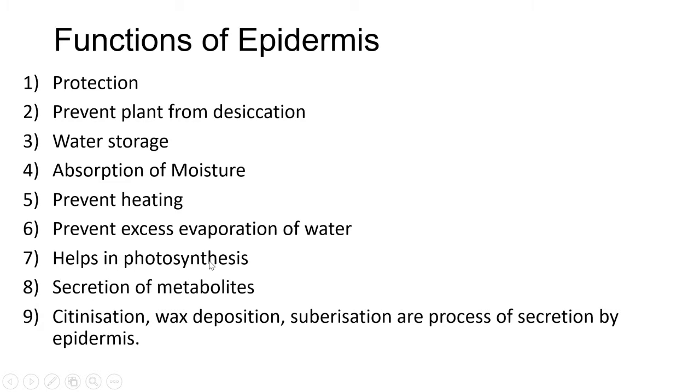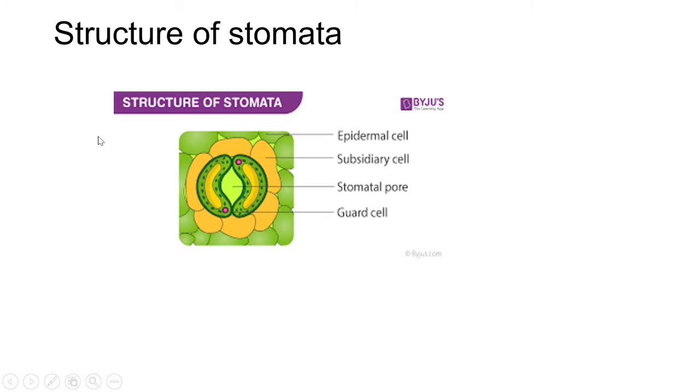That's why they also carry out photosynthesis, the preparation of food material. Then secretion of metabolites. Then the last, ninth one, is that cutinization, wax deposition, and suberization are processes of secretion by the epidermis. Now these are some functions of epidermis.